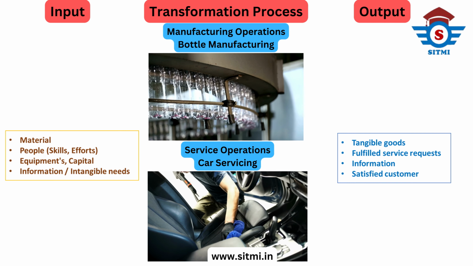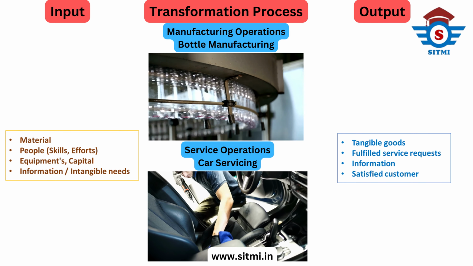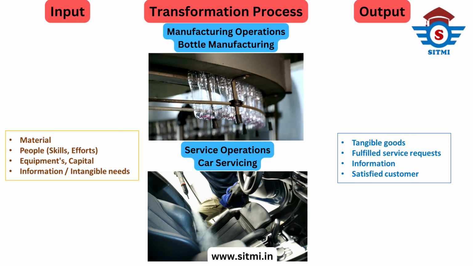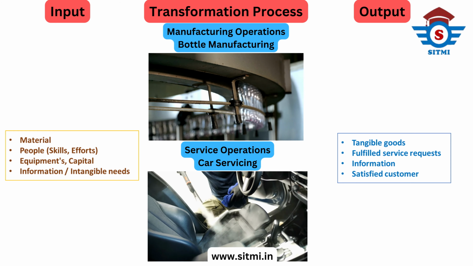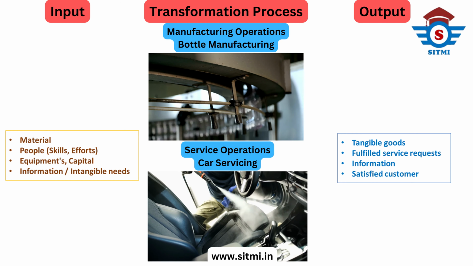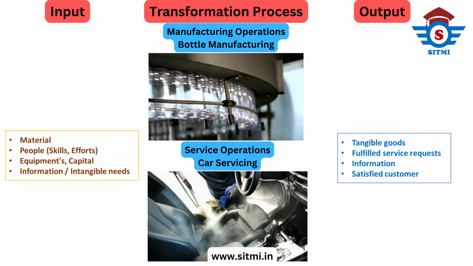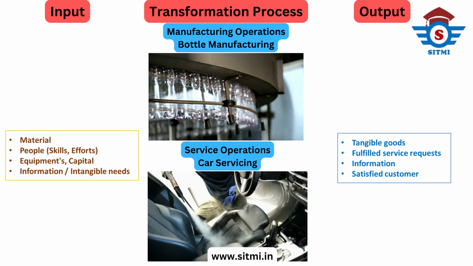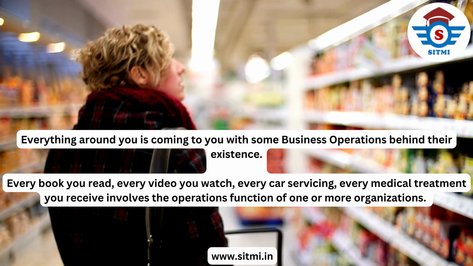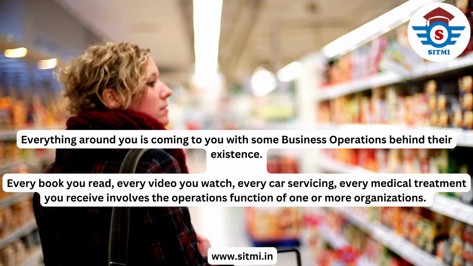And ultimately every company works for satisfying their customers, so that is also an output of the transformation process. So in a nutshell, everything that you see around you is basically coming out from certain operations process, certain transformation process.